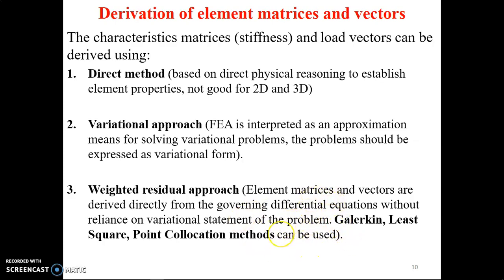When we substitute the approximate solution into these differential equations, we will be getting some kind of errors. Now we will be minimizing these errors over the entire solution domain, so that the approximate solution can approach the exact solution. The weighted residual approach can be used by using the Galerkin method, least square method, or point collocation method.